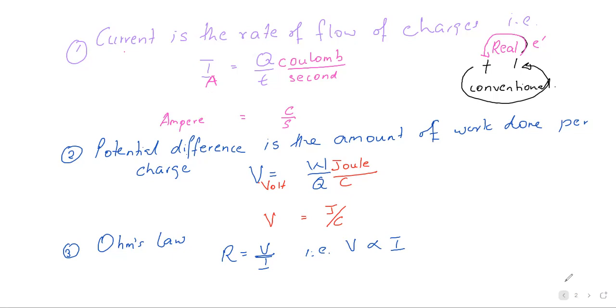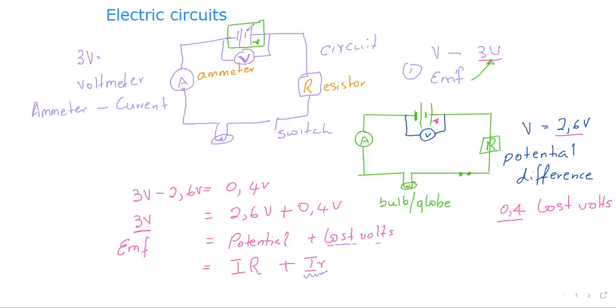Now, if you have your battery here, the strength that the battery can do on the charges to make the charges move around, work done on the charges, defines their potential difference. Now that's what we have.